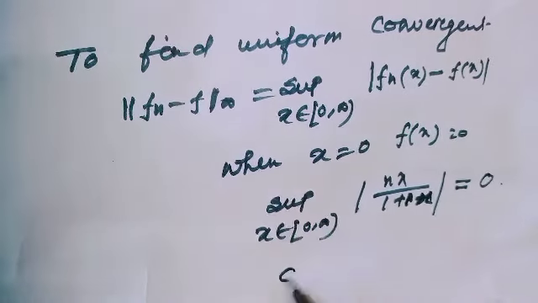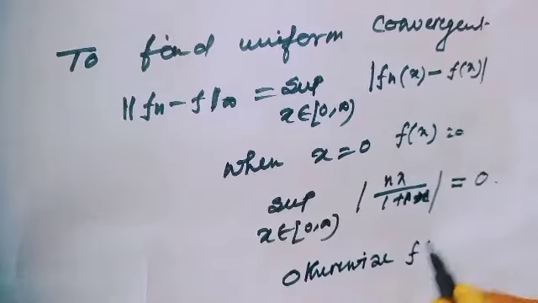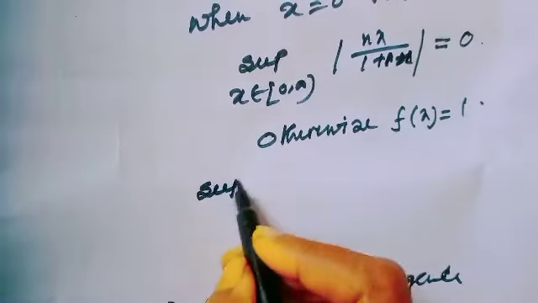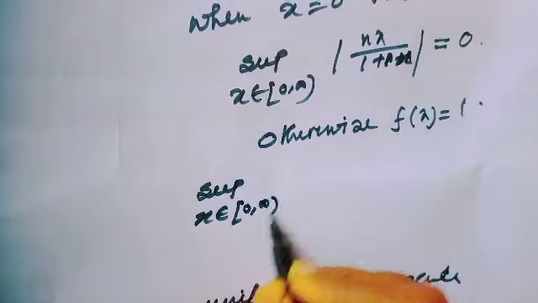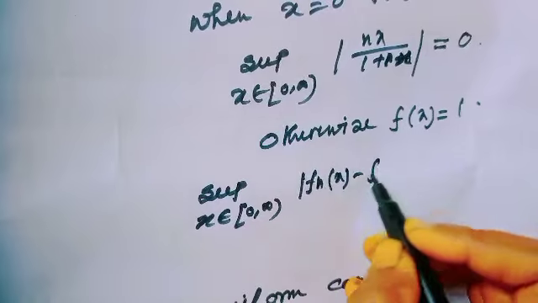Otherwise f(x) equals 1, then this value would be the supremum of fn(x) minus f(x).